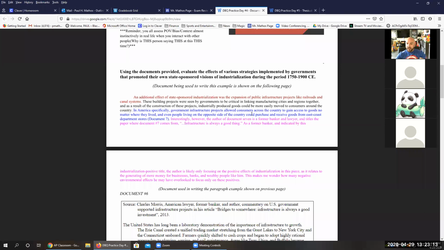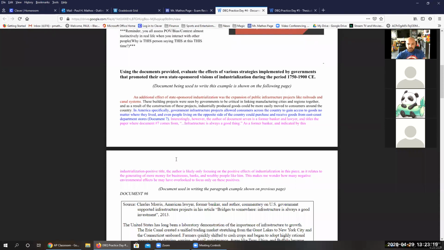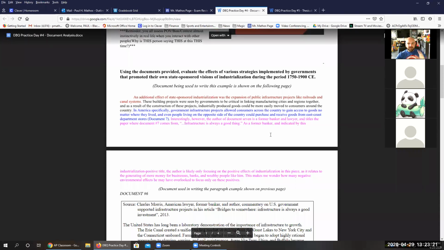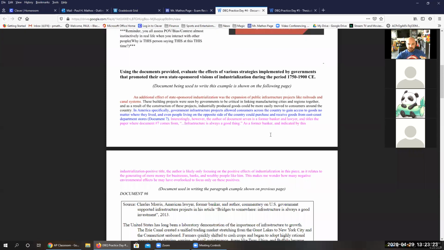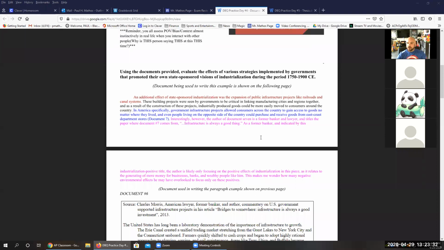As a former banker, and as indicated by this industrialization-positive title, the author is likely only focusing on the positive effects of industrialization in this piece, as it relates to the generating of money for businesses, banks, and wealthy people like him. This makes me wonder how many negative environmental effects he may have overlooked to focus only on these positives.